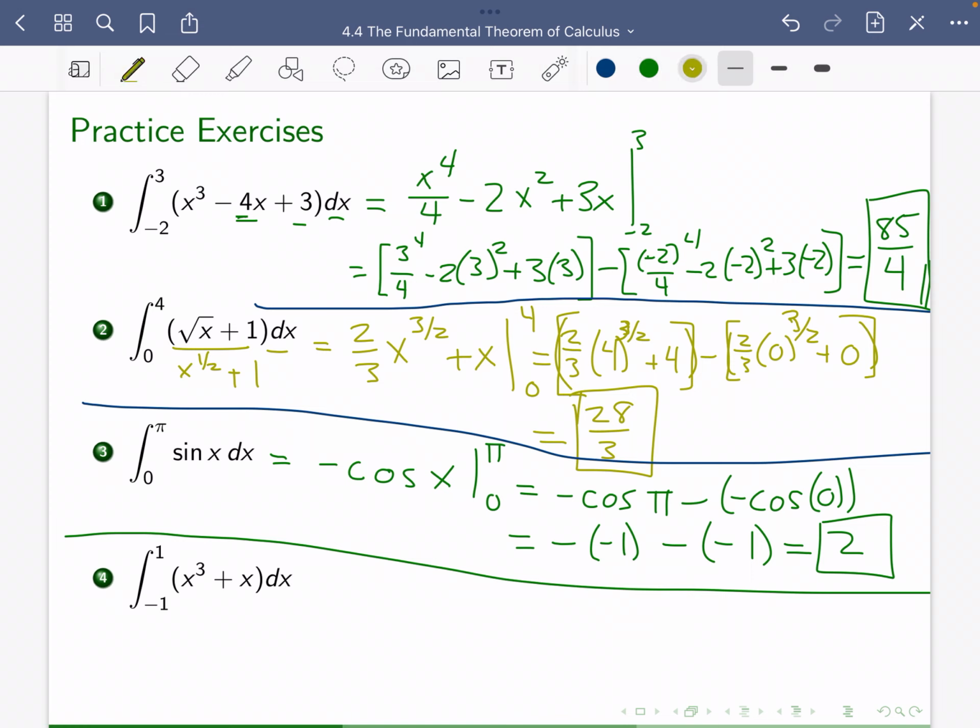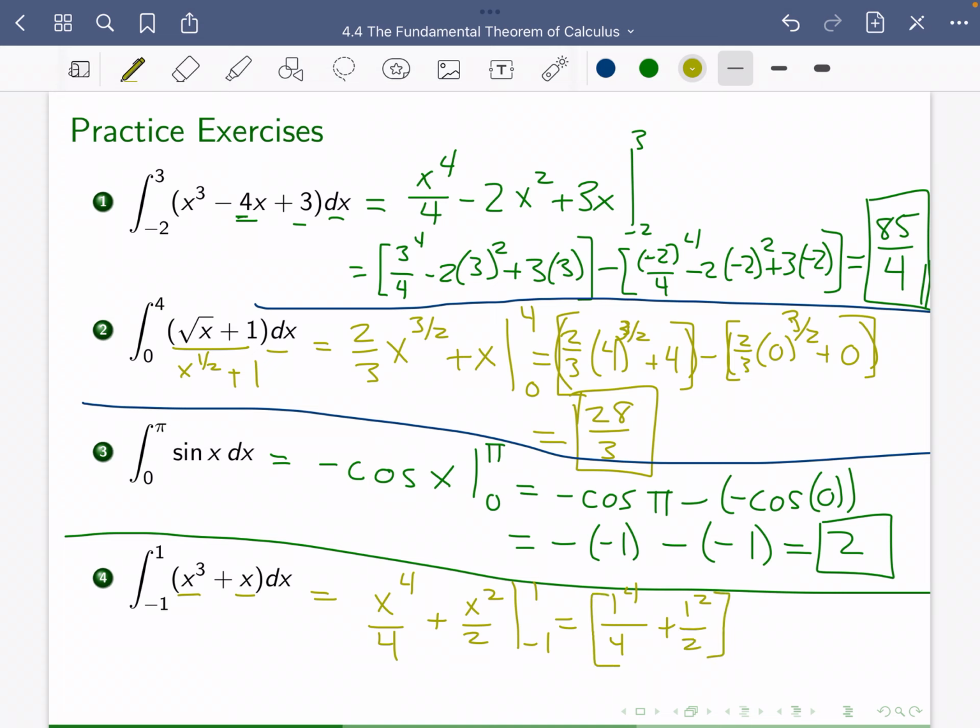And finally, if we are integrating x cubed plus x dx from negative 1 to 1, add 1 to the power, divide by the new power, add 1 to the power, divide by the new power. We're going to evaluate that from negative 1 to 1. So you have 1 to the fourth over 4 plus 1 squared over 2.